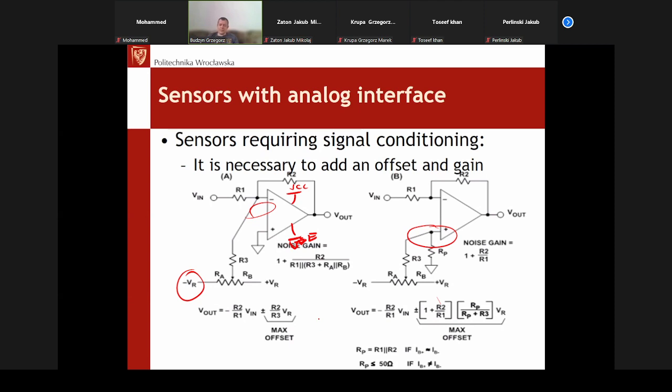For a single-ended supply, so for the situation where the op-amp on the board has just VCC, we use this solution, and then we don't need a negative voltage here as well. We can have one, but we don't need to.